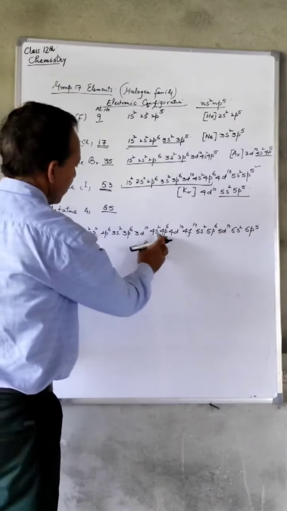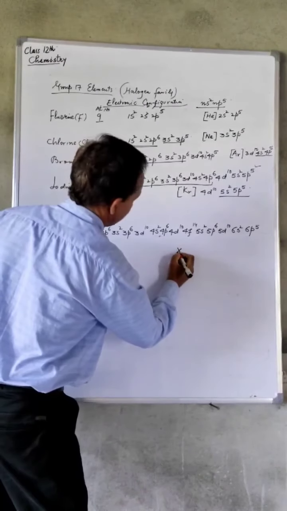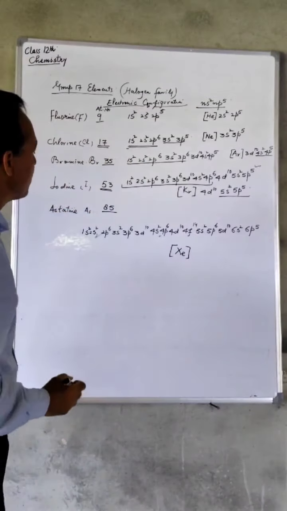Now, before astatine we have xenon, whose atomic number is 54.